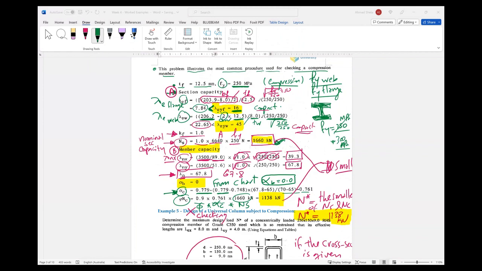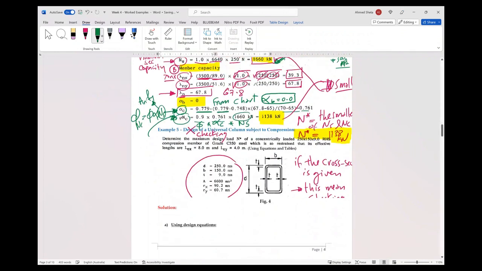So phi NC equals phi alpha C times NS, which is the gross area times F yield.